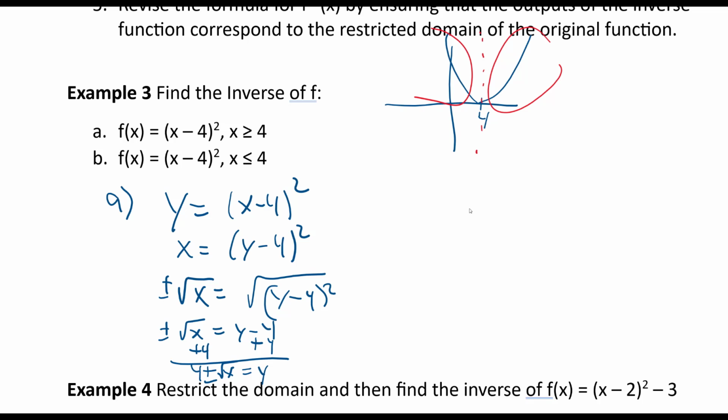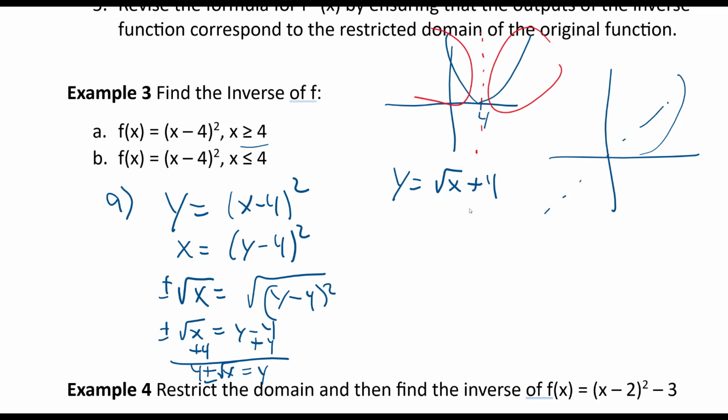So if we're looking in the A case at x being greater than or equal to 4, we'll be looking at y as 4 plus the square root of x. And that graph, so this is our original, and the graph would be this.